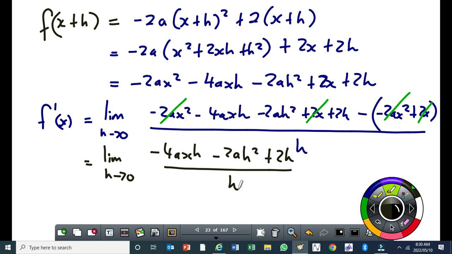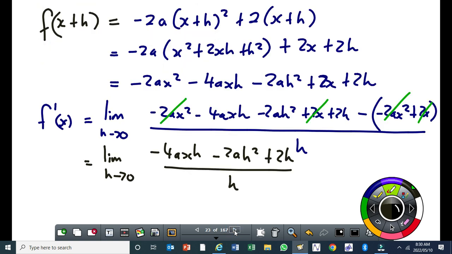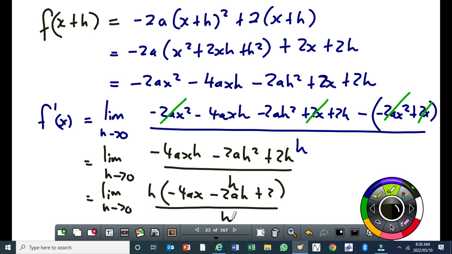We don't have to write the formula again in this calculation, since I wrote the definition of the derivative already. So that will be limit as h tends to 0 of h times minus 4ax minus 2ah plus 2, all over h.